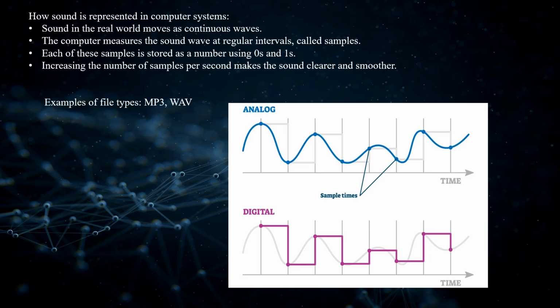These heights are then converted into numbers, and the computer stores them in binary, which is just zeros and ones. Some common sound file types that use this method are MP3 and Waveform Audio File Format.